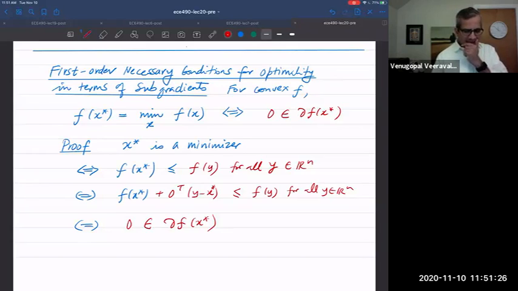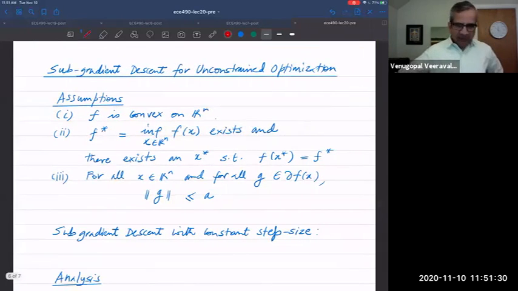Let's actually try to do something called subgradient descent. First we'll look at the case of unconstrained optimization. We assume that f is convex on R^n, and that f star, the minimum of f over R^n, exists, and that there is an x star that achieves that minimum.